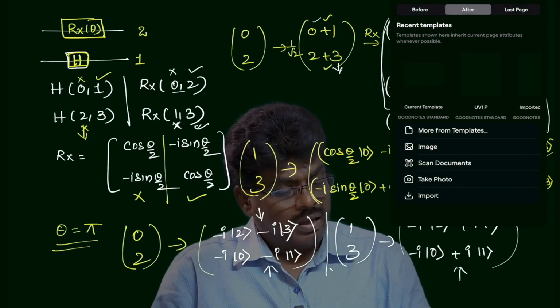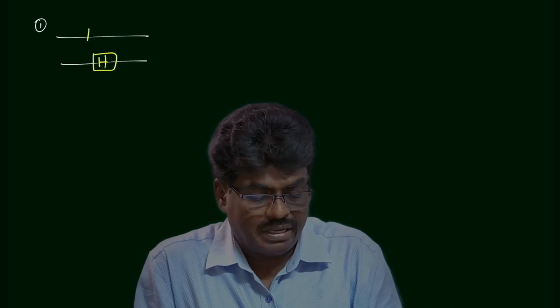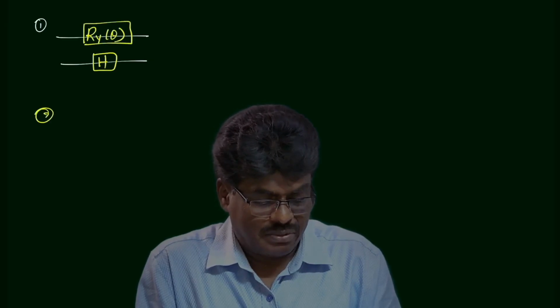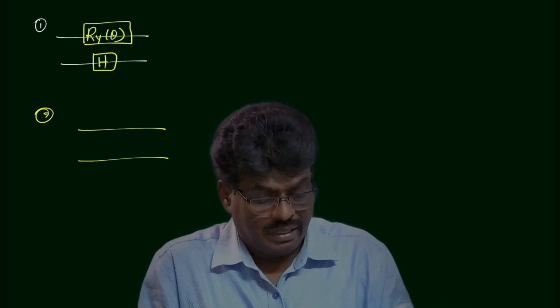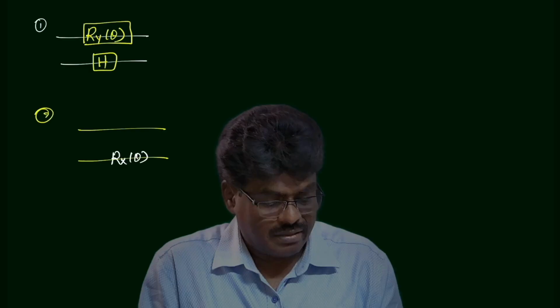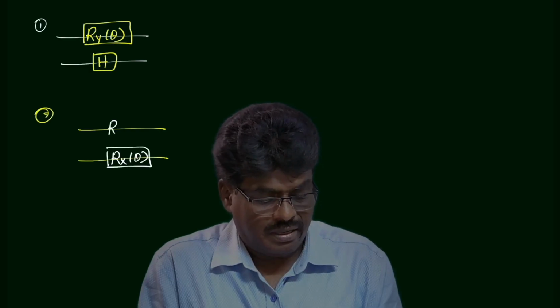I will give a few examples, so try yourself. If you are facing any trouble, please let me know. Here Hadamard I am taking, this time Ry of theta, and the second one, try yourself. Here Rx of theta, and here Ry of theta.